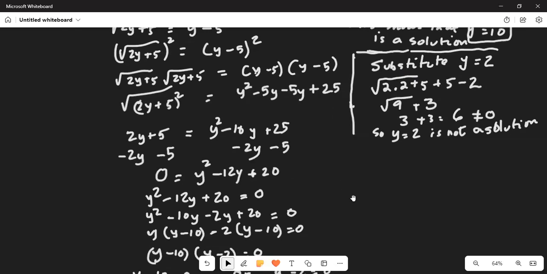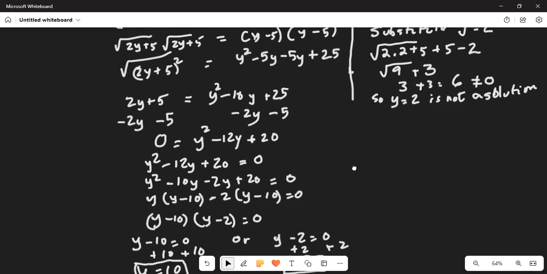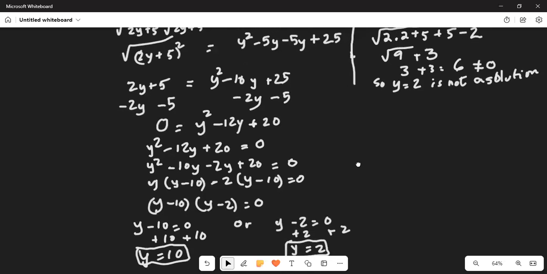Now we are looking for factors of 20 that when added together will become minus 12, which is the coefficient of y. If we think of factors of 20, 10 and 2, and we do minus 10y minus 2y to write minus 12y plus 20, we note minus 10 times minus 2 is positive 20. So the two factors of the left-hand side are y minus 10 and y minus 2 equal to 0.